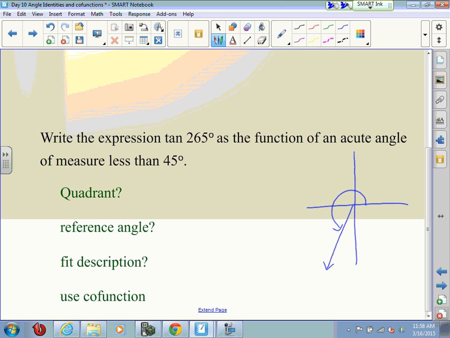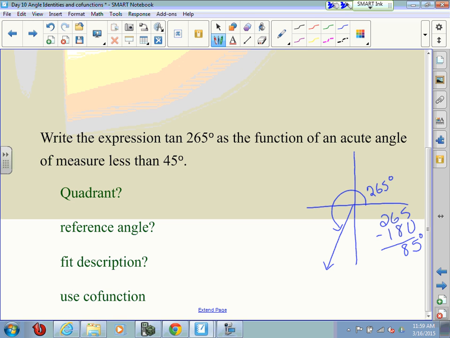Okay, so here we go. So this is 265. How do we find the reference angle? Take 265 and subtract 180. What do we get? 85.